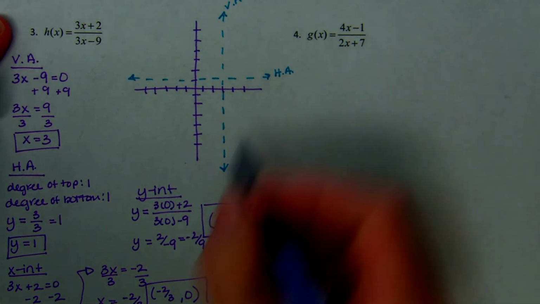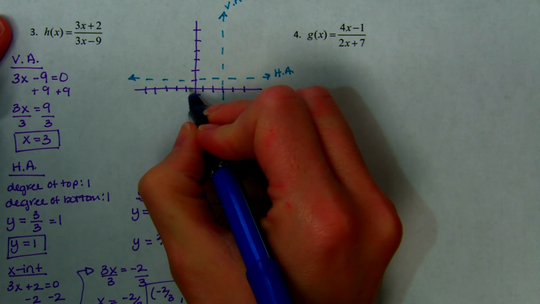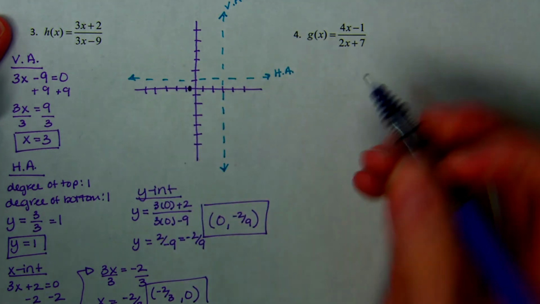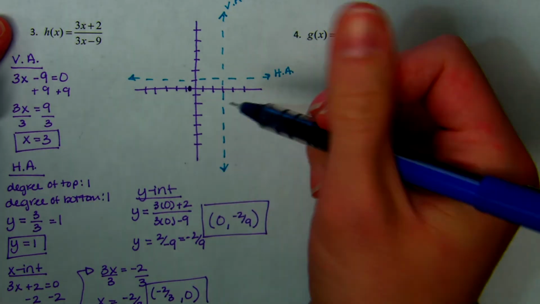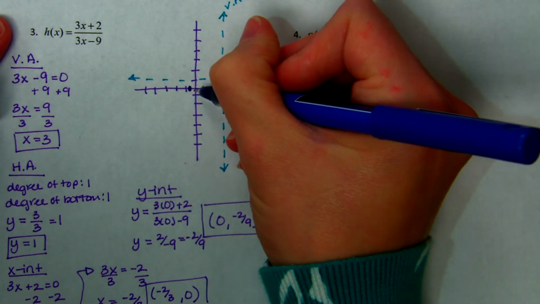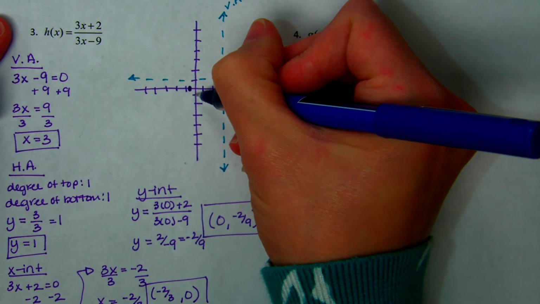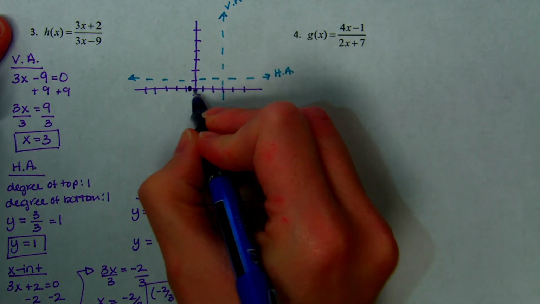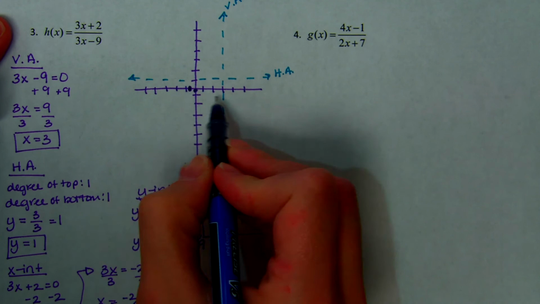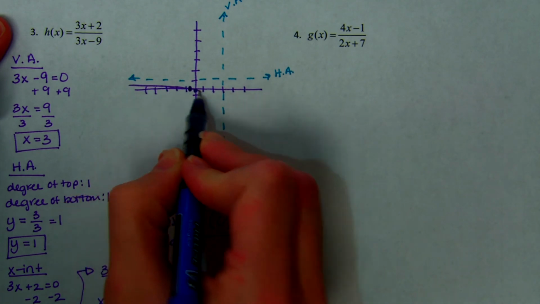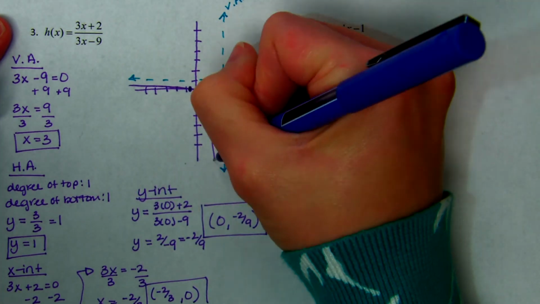So I have an x-intercept at negative 2/3, so between 0 and negative 1, but closer to negative 1. And I have a y-intercept at 0, negative 2/9. And so that's also between 0 and negative 1, but closer to 0. And what this tells me, again, is that because those 2 points are there, there's a curve that goes through those 2 points here, like that.